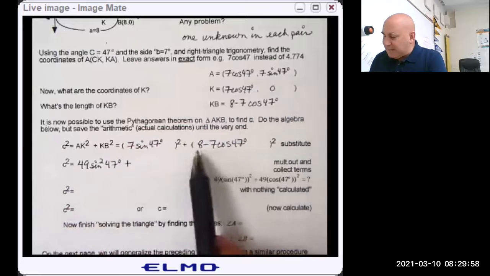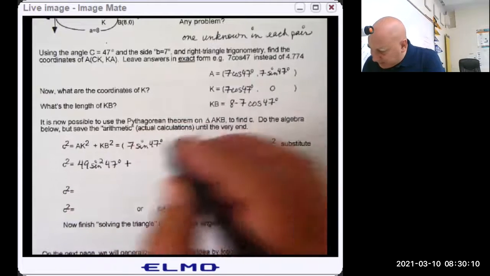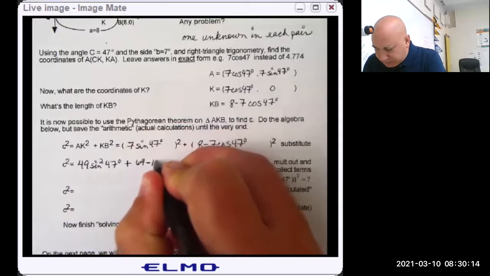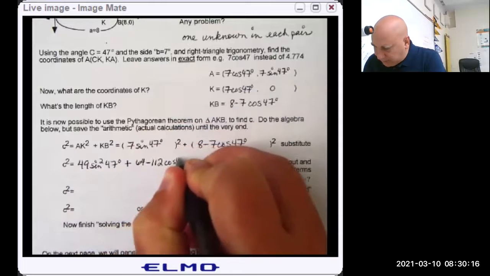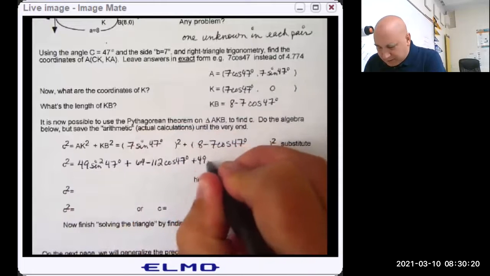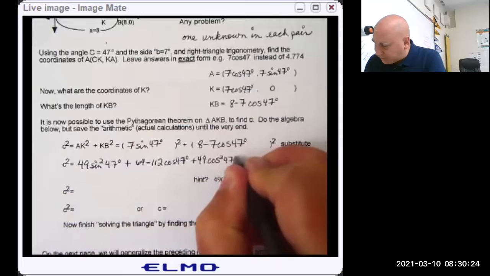That's like A minus B quantity squared. And if you FOIL that, you get A squared minus 2AB plus B squared. Please make sure you understand that before you move on. So that ends up being 64 minus 112 cosine 47 degrees plus 49 cosine squared of 47 degrees.